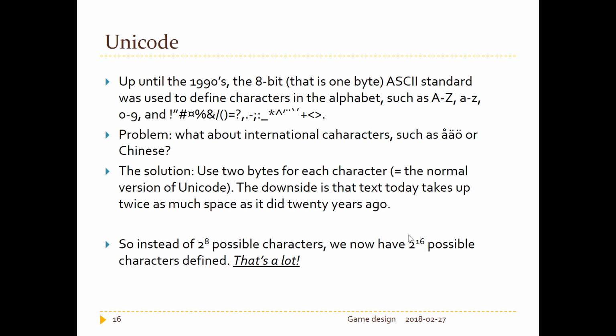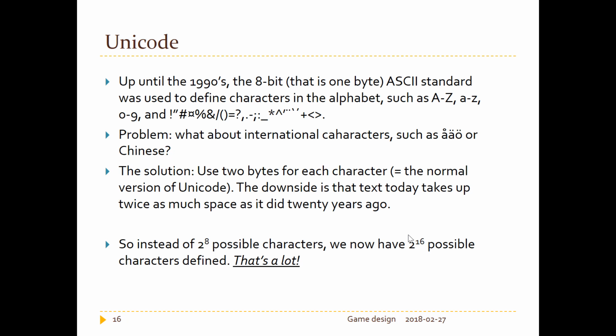So that means instead of 1 byte per character, we now have 2 bytes per character. And instead of 2 to the power of 8 possible characters, we now have 2 to the power of 16 possible characters defined. And I leave it to you to figure out how much that is. So a lot of characters are allowed now, and we haven't at all filled the 2 to the power of 16.